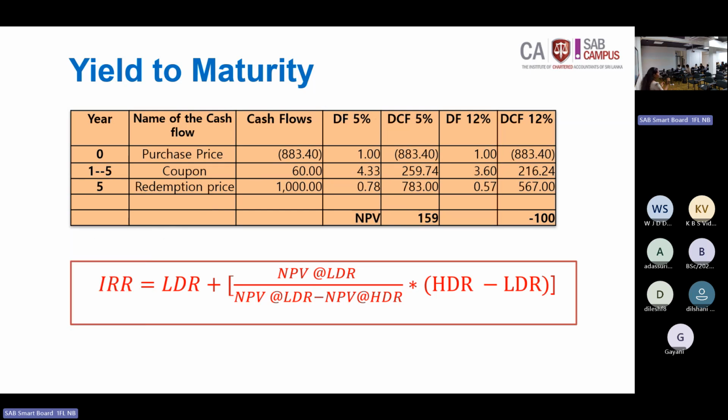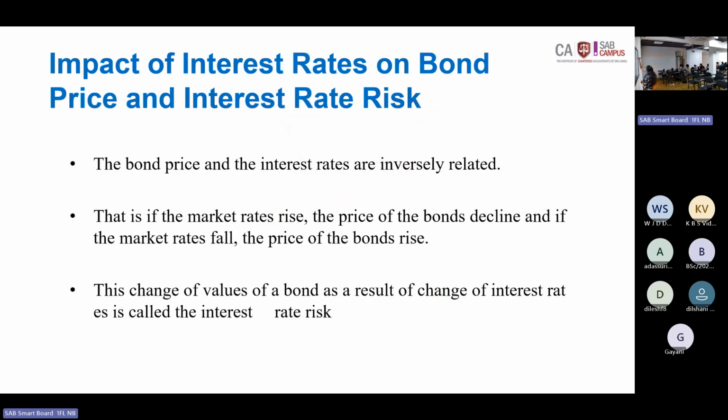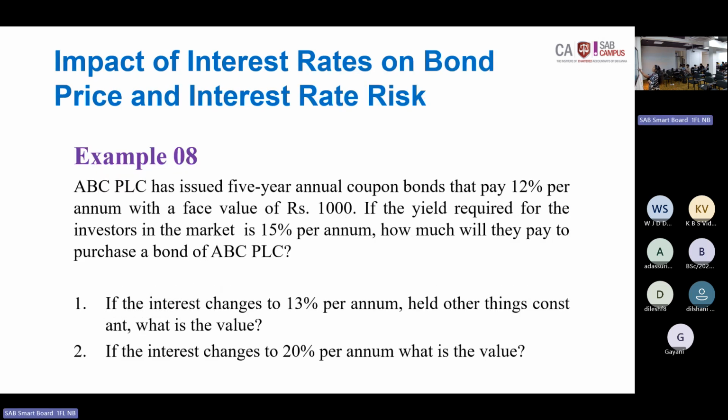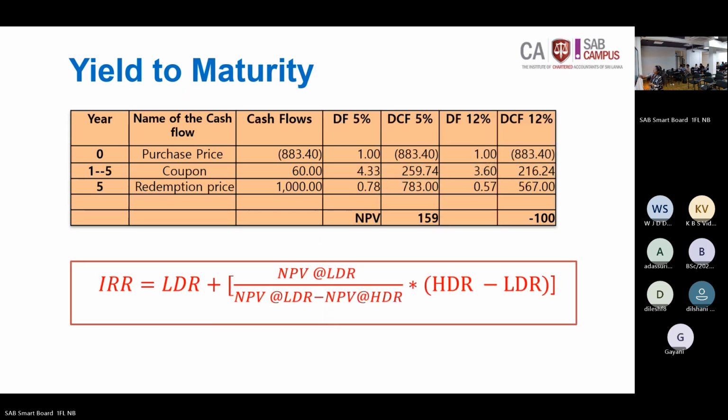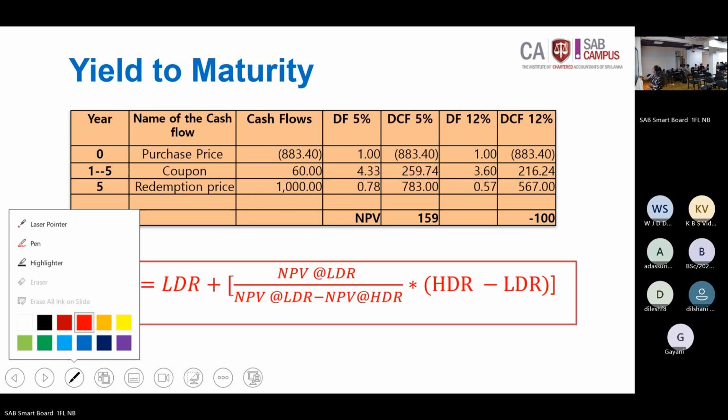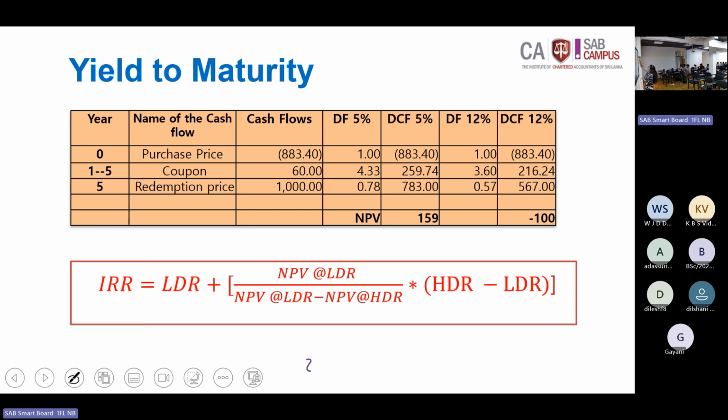Okay. Lowest discount rate, or else lowest discount factor. What is that? It's 5. Lowest discount rate is 5, highest discount rate is 12.